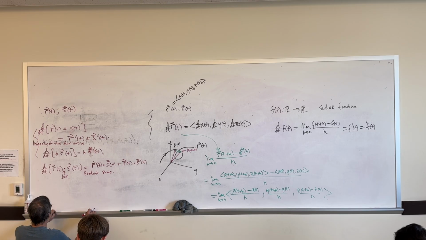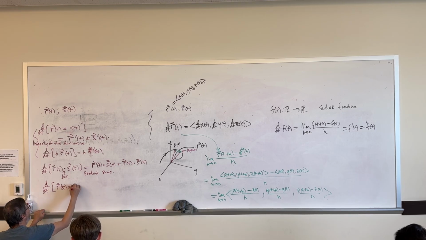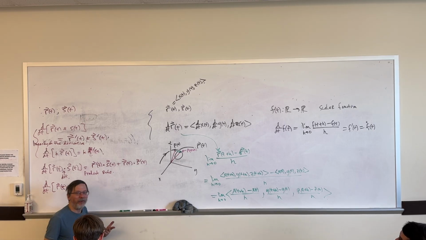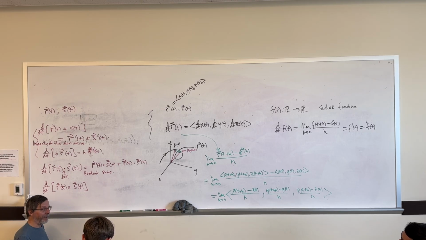Even more surprisingly, or maybe equally as surprisingly, if I have the cross product of r of t crossed with s of t, it works the same way. It's just like the product rule for both. I know, that seems wild. It seems really wild. Now I haven't proved this to myself. I read it in a book.